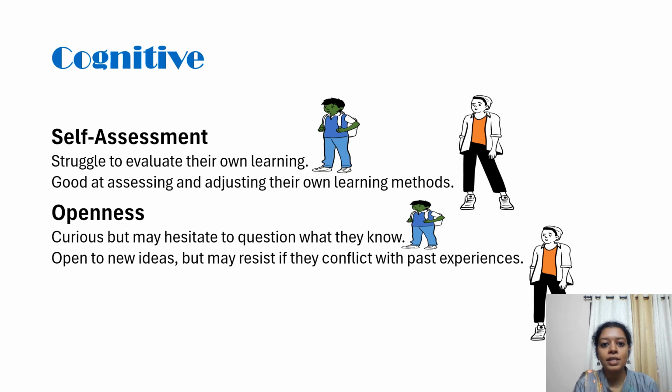So these adolescents are curious and interested in learning new things, but may be hesitant to question what they already know or challenge existing ideas and all. But in the case of adults, they are open to learning new ideas, though they may resist if these ideas conflict with their past experience or beliefs. So that is the difference between the adult and adolescent.